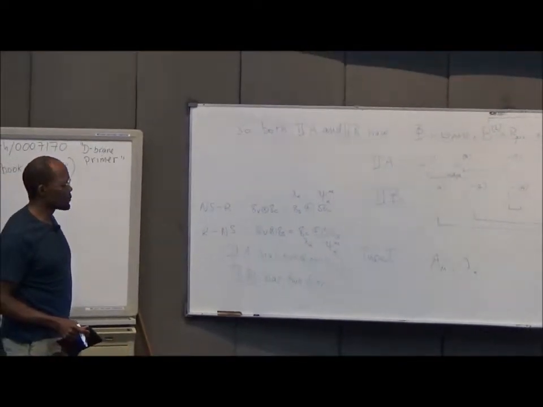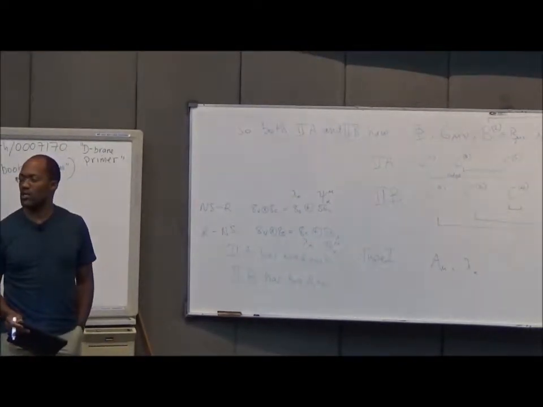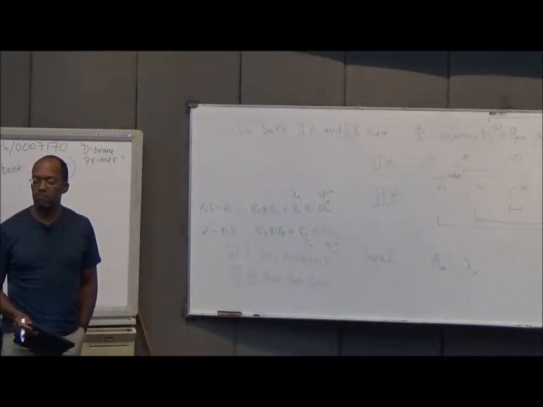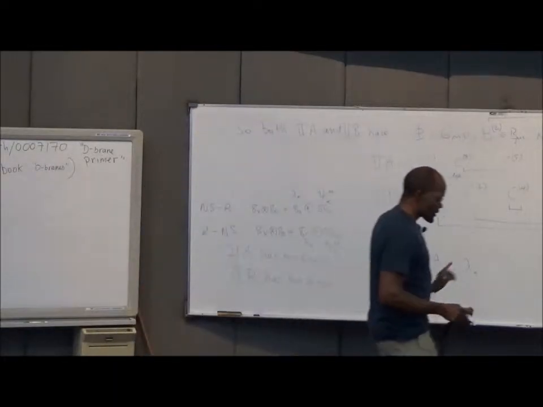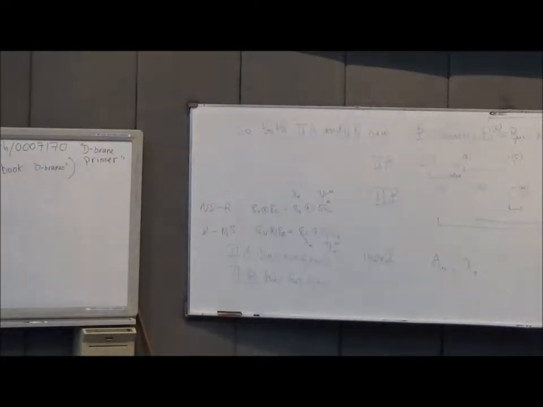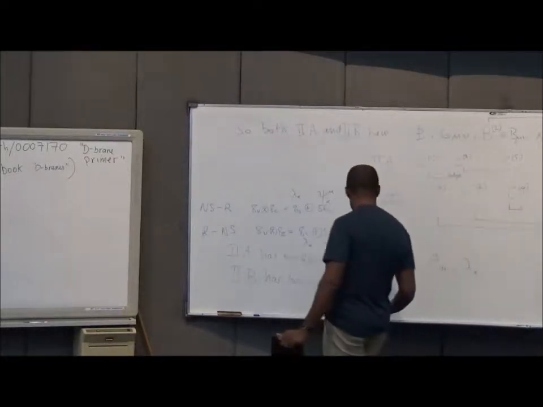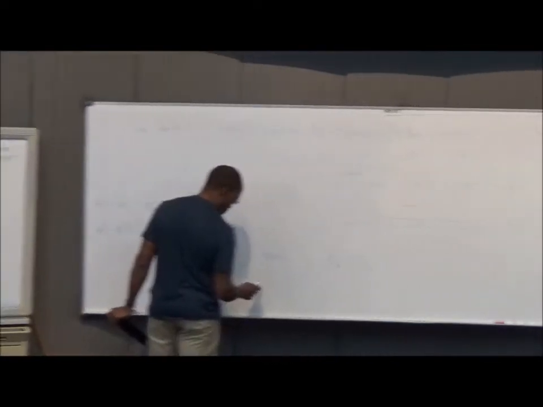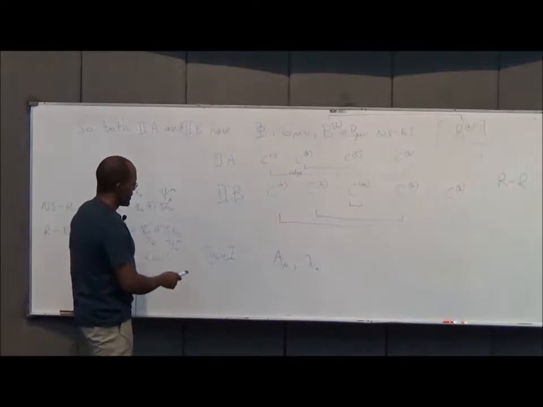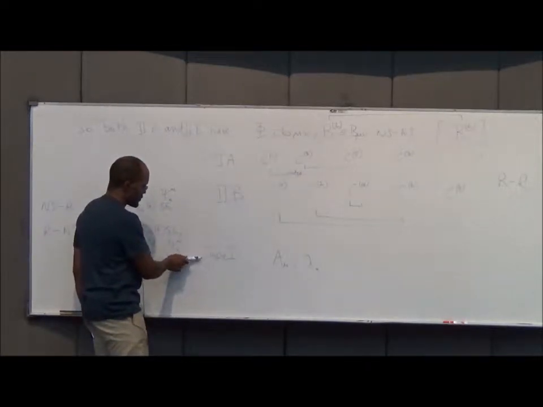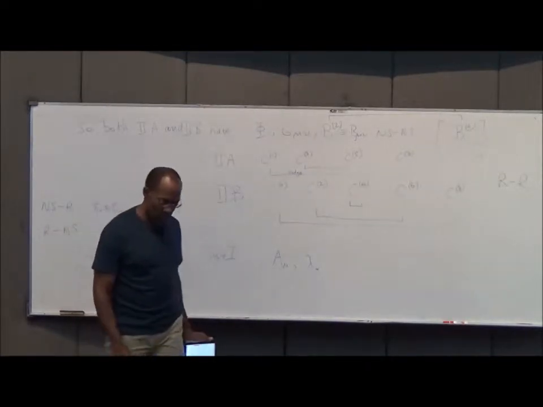Okay, there's something that should bother you about the type 1 string list. First of all, just knowing about string perturbation theory, just knowing how strings interact, should suggest that this is very incomplete, right?